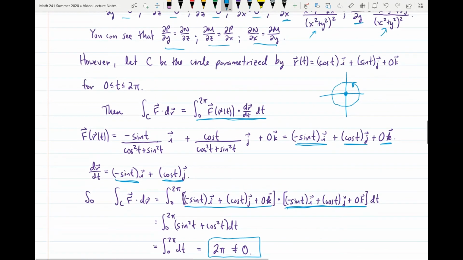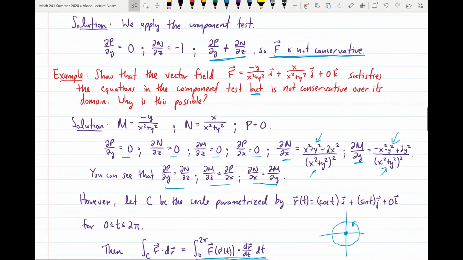So if we go back up to our vector field f, notice here that we have division by x squared plus y squared in the i and j components, meaning that if we look at the origin, if we try and plug in the point 0, 0, 0, f is not going to be defined at the origin.